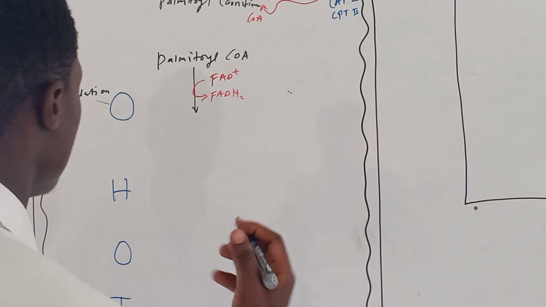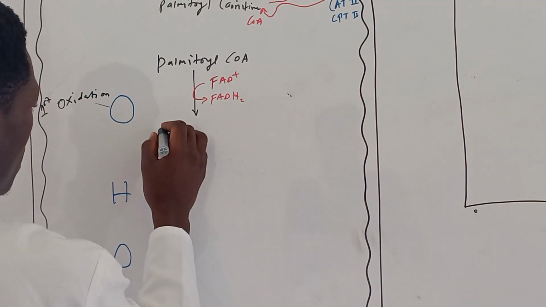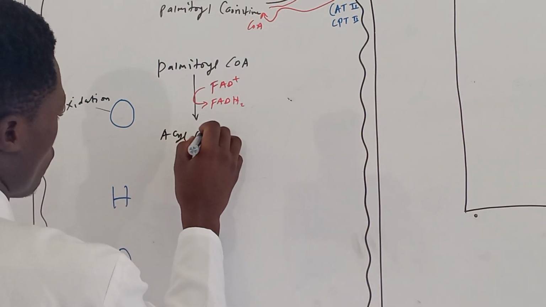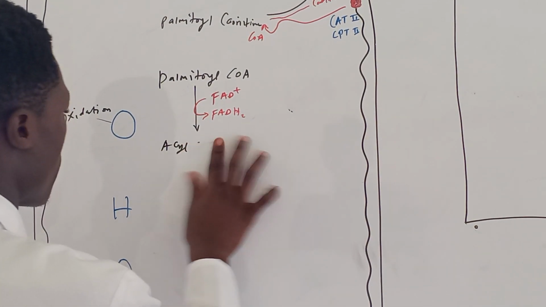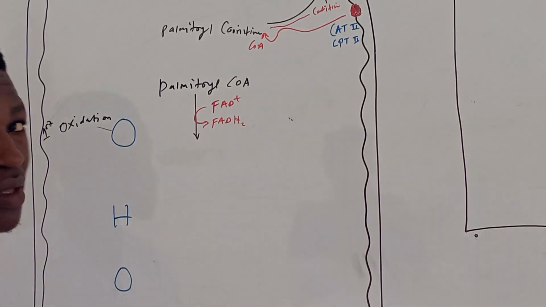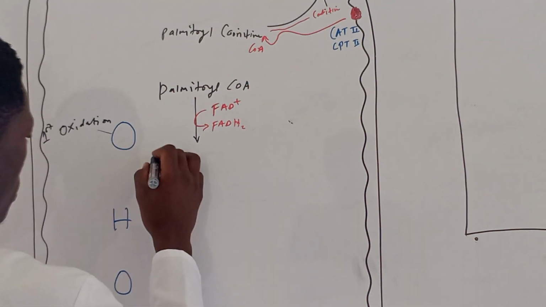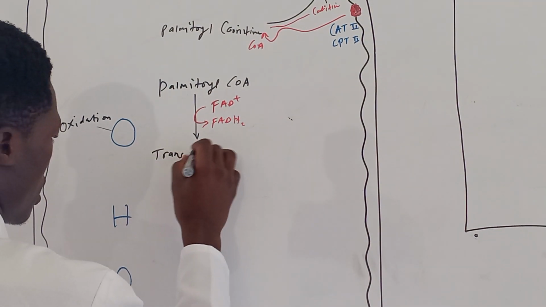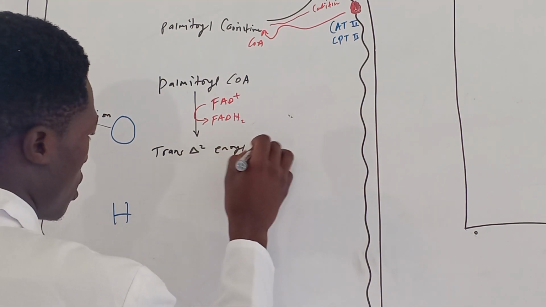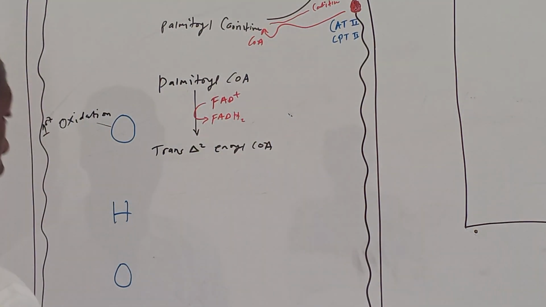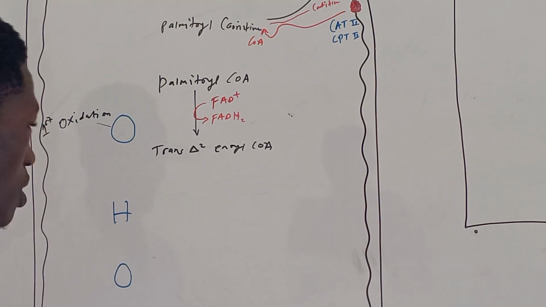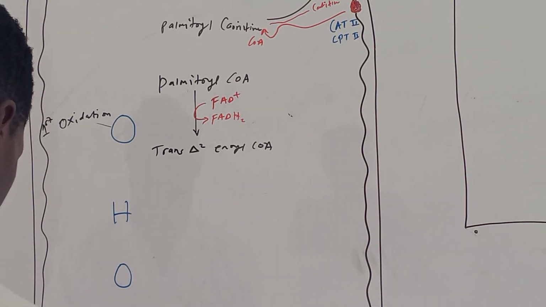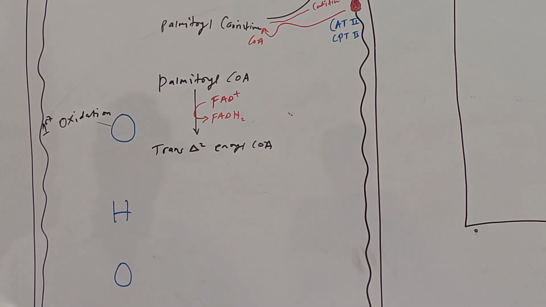We're going to form acyl CoA. Right? What are we going to form here? Trans delta 2 enoyl CoA. Right, we're going to form trans delta 2 enoyl CoA. And guys, I hope you saw how trans delta 2 enoyl CoA looks. Alright. Now, that's oxidation.